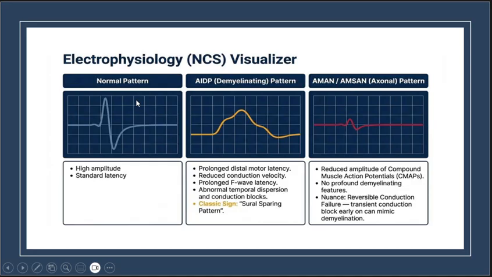On nerve conduction study, this is the usual normal pattern, the first one, which shows the normal latency with the height. This is the amplitude, which is usually a peak up and down. Whereas in the demyelinating disorders, there will be a prolonged latency.